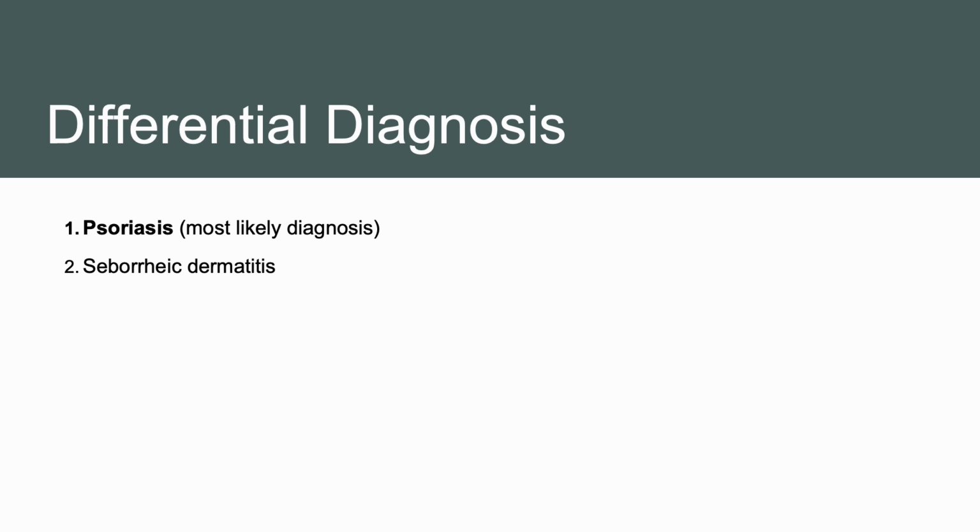Could think about seborrheic dermatitis, although it's not a typical location for it, and they're not the greasy scale. Lichen planus is a good consideration here. Atopic dermatitis could be a chronic atopic dermatitis, or tinea corporis.